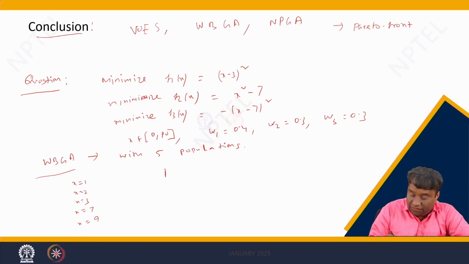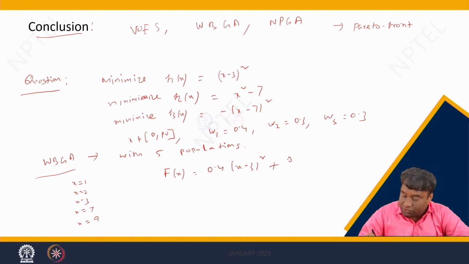So f(x) will be 0.4 times (x minus 3) whole squared, plus 0.3 times (x squared minus 7), plus 0.3 times minus (x minus 7) whole squared.